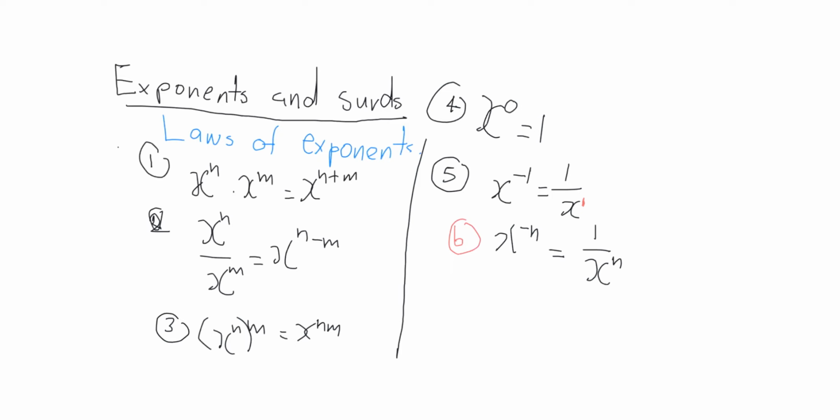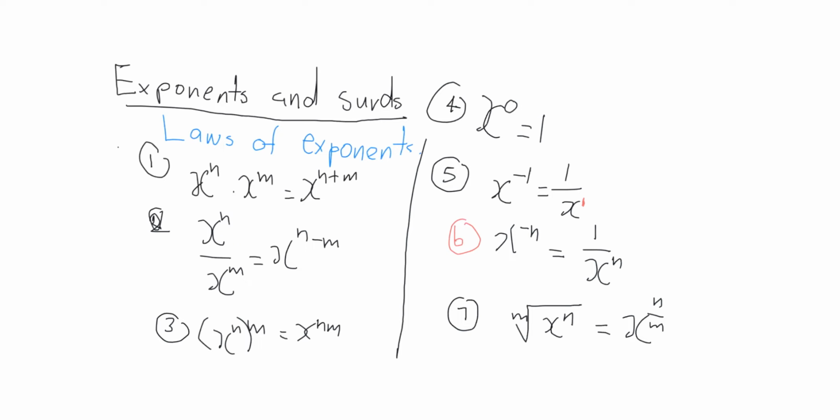And our law number 7: let's say you are given a root, the m-th root of x to the power of n. This can be given as x to the power of n over m.